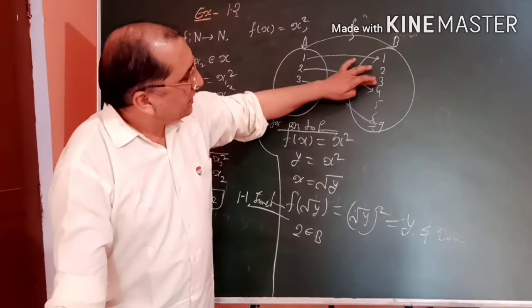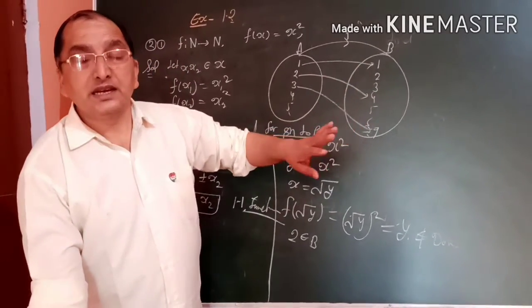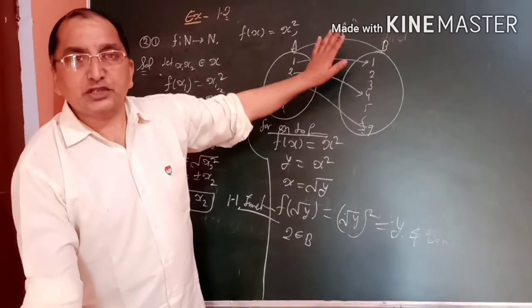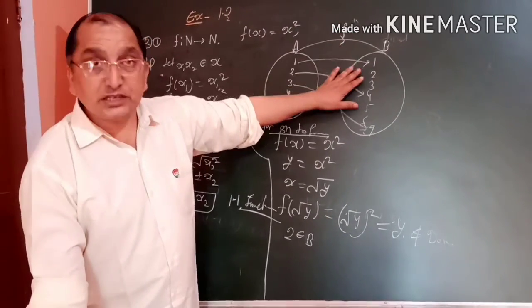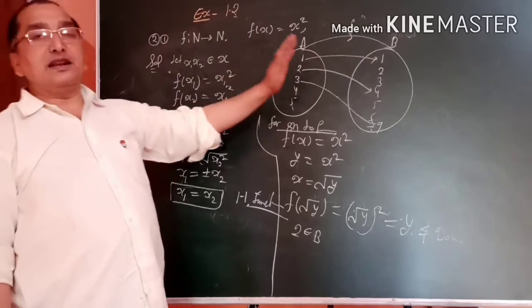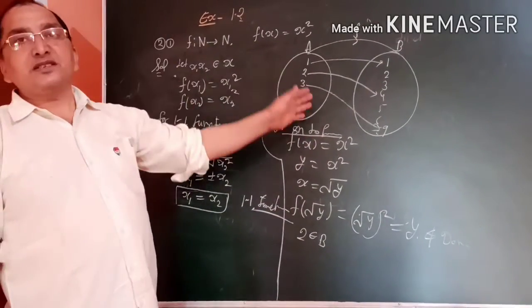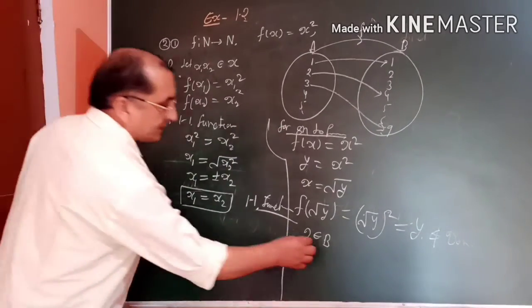But here 2, 3, 5, 6, 7, 8, and only perfect square numbers will be the image of these elements. The rest of these elements will not be images. So this function is not an onto function.